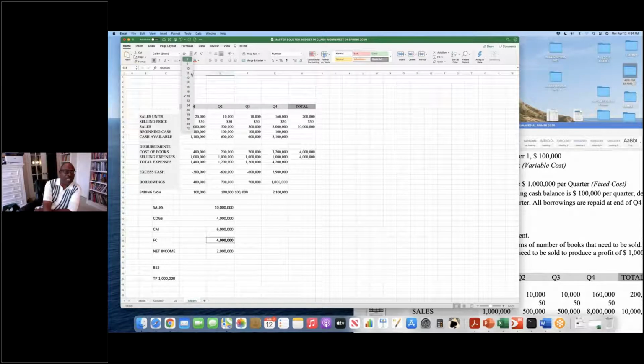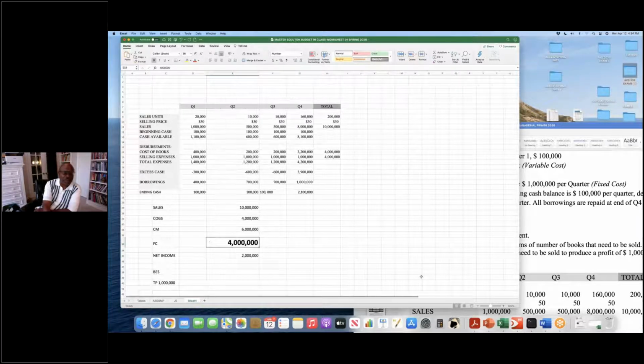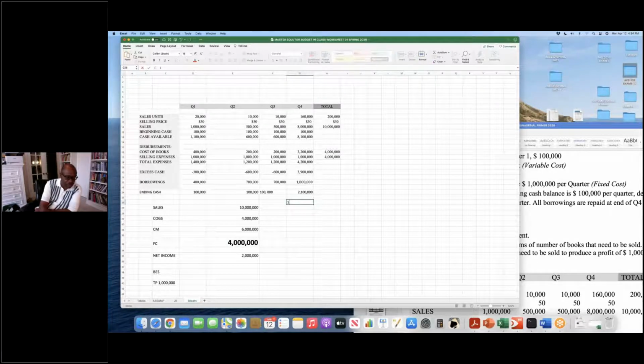I'm looking at the top. I'm going to bold it and make it bigger for you. I was looking at the top, and I'm looking at my computer. Okay, I can do it now. Remembering what my professor taught me last week, we would do 4 million divided by.